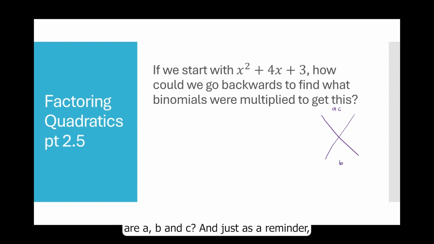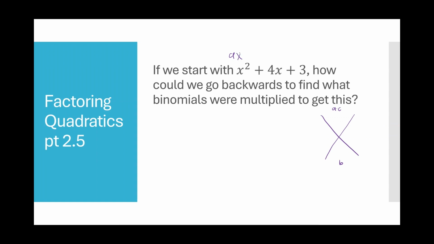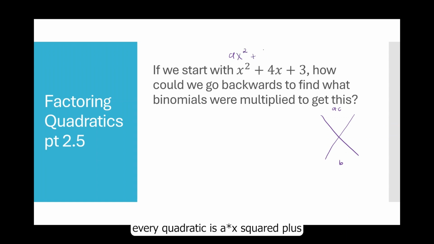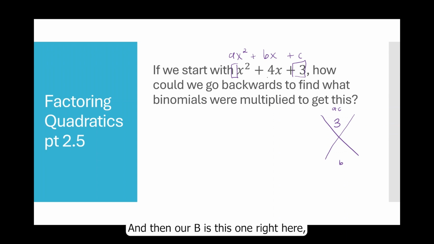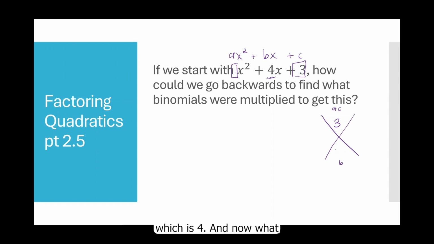What are A, B, and C? And just as a reminder, every quadratic is ax squared plus bx plus c. So here, a is whatever number is being multiplied with x squared, and for us it's just 1. And here's our c. So we're going to go 1 times 3 is just 3. And then our b is this one right here, which is 4.